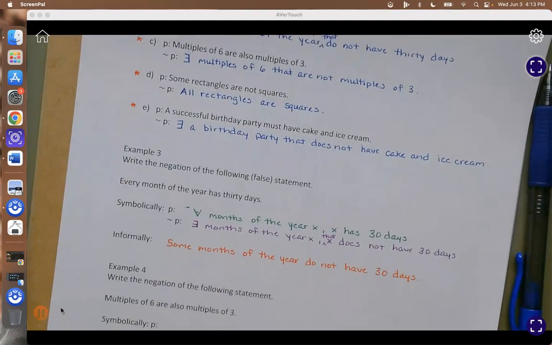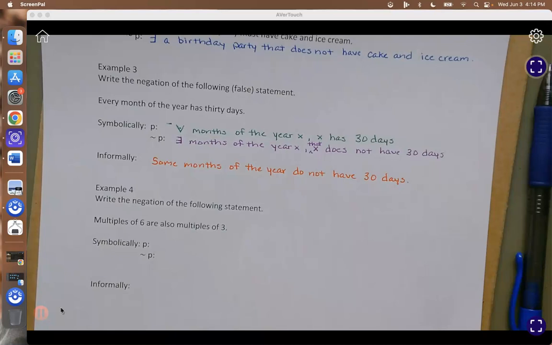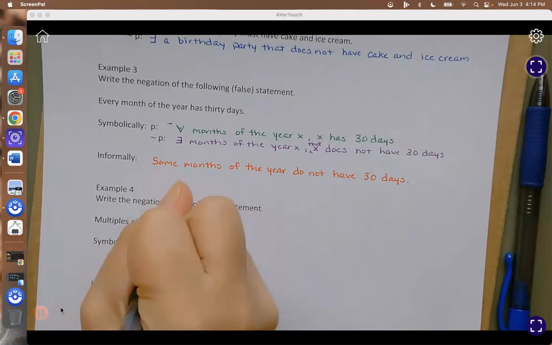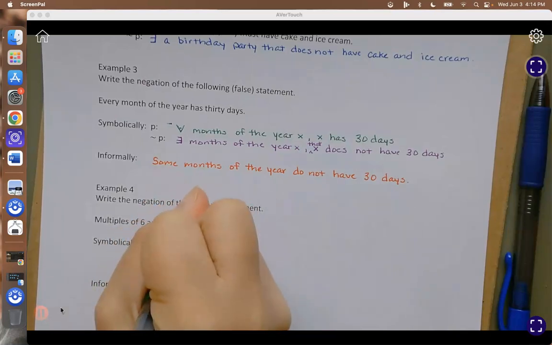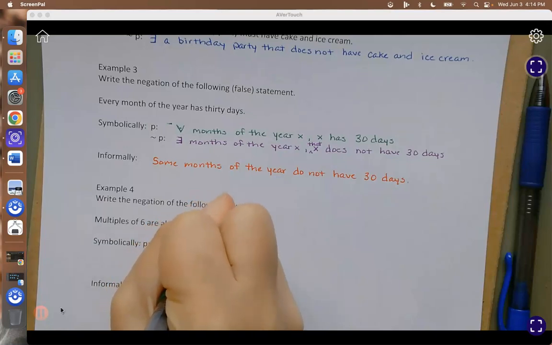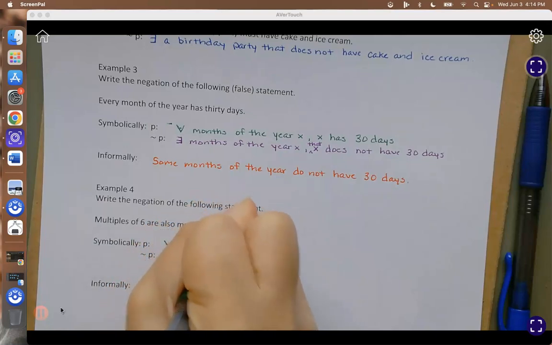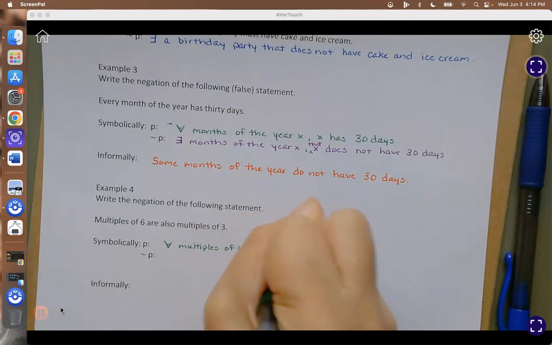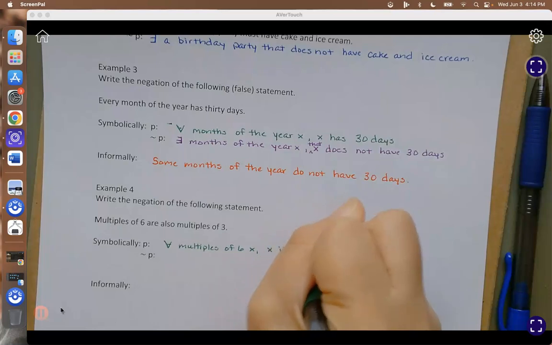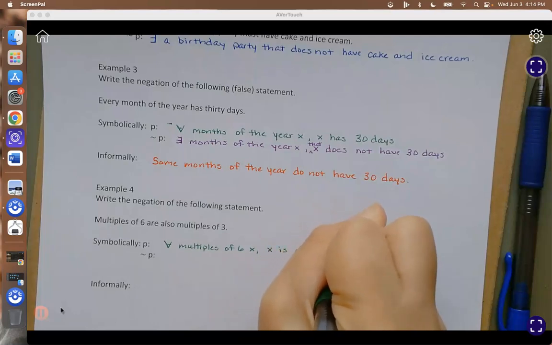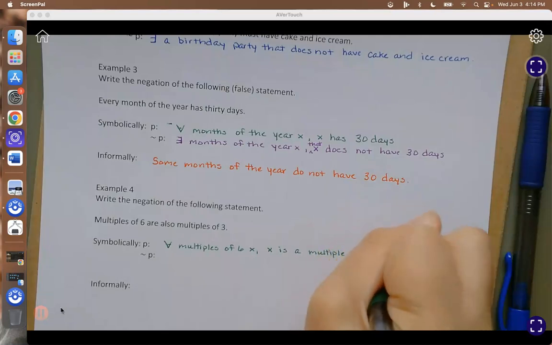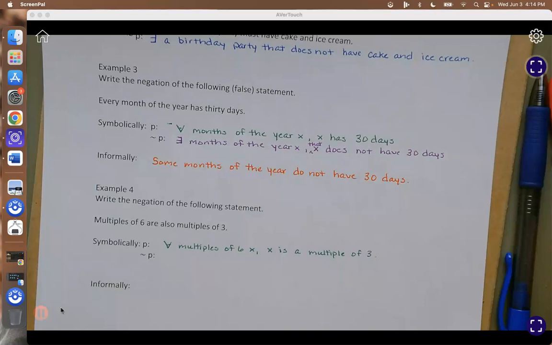All right, here we go. To write the phrase "multiples of 6 are also multiples of 3": for all multiples of 6 x, x is a multiple of 3. All right.